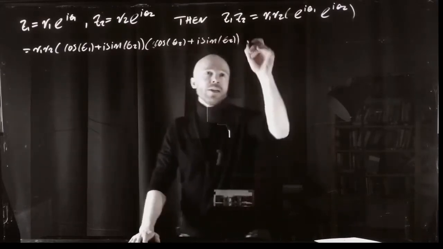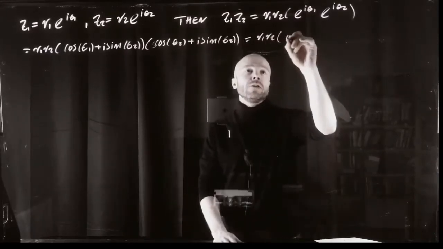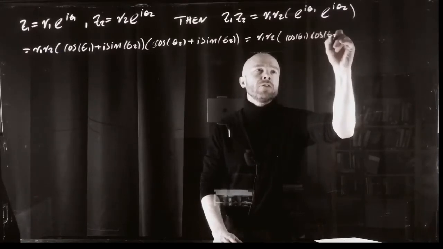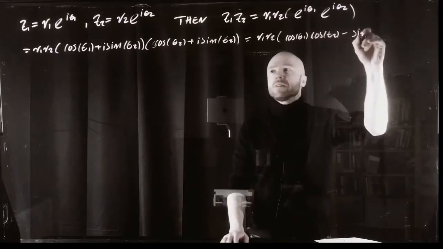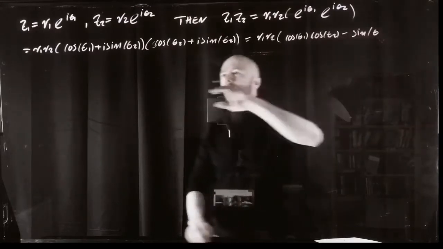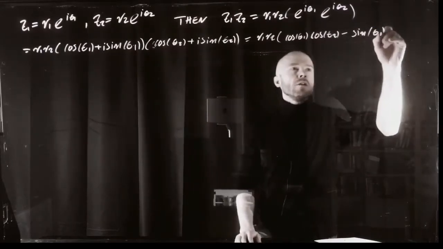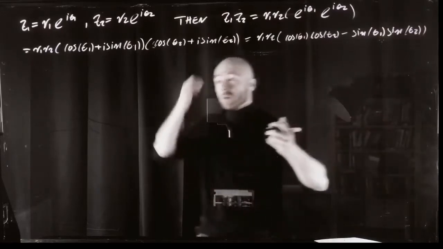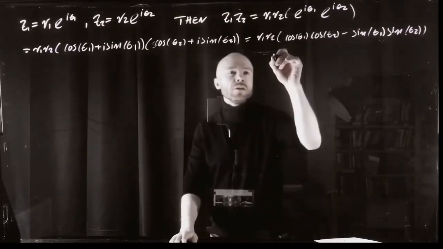And then when we multiply that out, we have r1 r2, and we're going to have cosine of theta 1 cosine of theta 2, and then minus sine of theta 1 sine of theta 2, just multiplying out this thing times this thing and this thing times this thing.